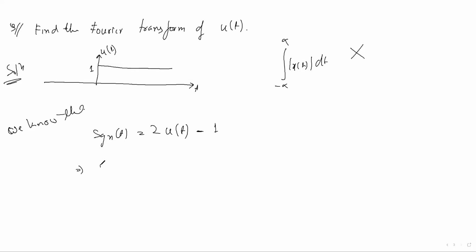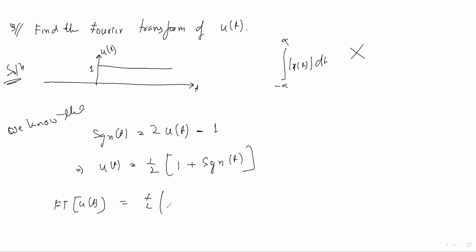Then what will u(t) be? u(t) is half of (1 plus sgn(t)). Understand? Now take the Fourier transform on both sides. By the previous concept, I will solve this: half of the Fourier transform of 1 plus the Fourier transform of sgn(t).